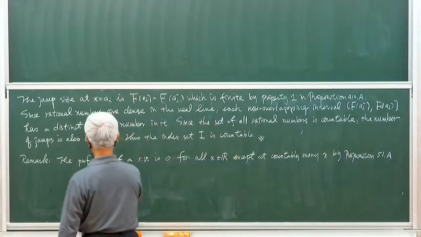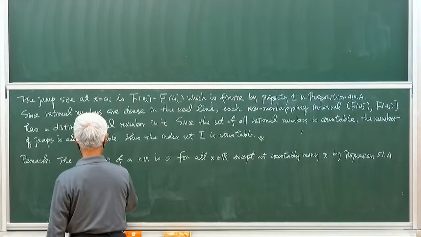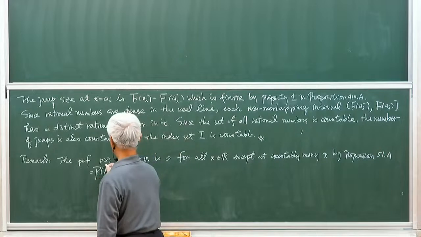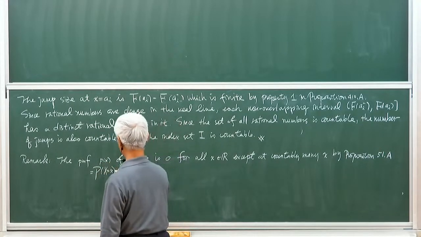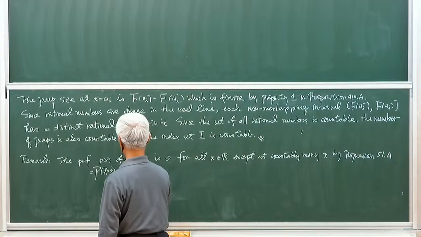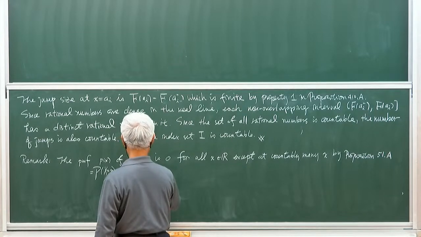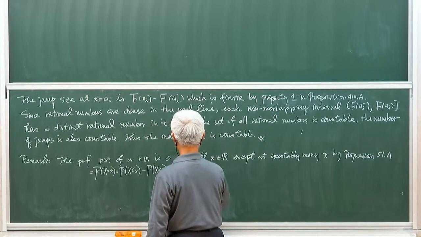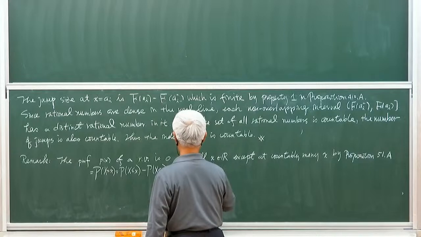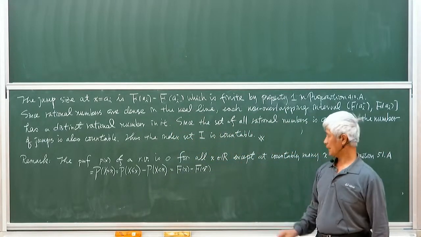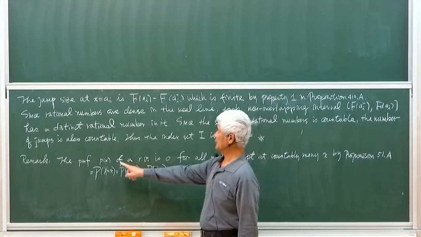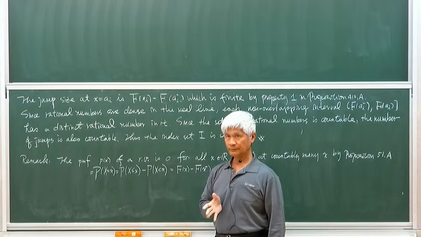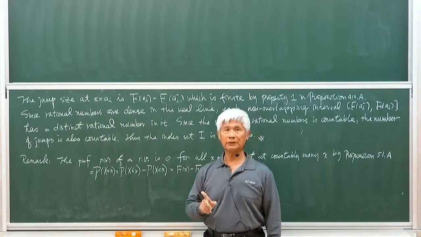The reason is that we know the PMF, the probability mass function, is the probability that X equals x. So this is F(x) minus F(x minus). Now, if the probability mass function is positive, we have a point of discontinuity, right?